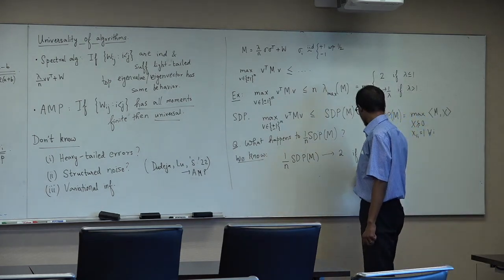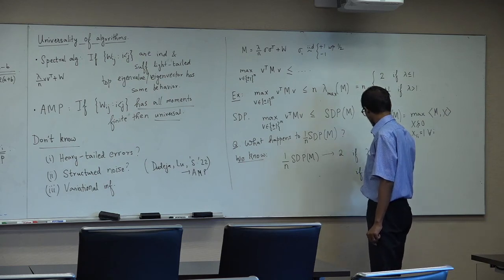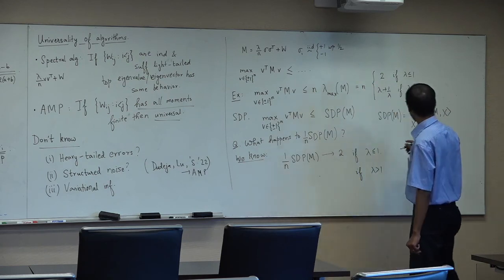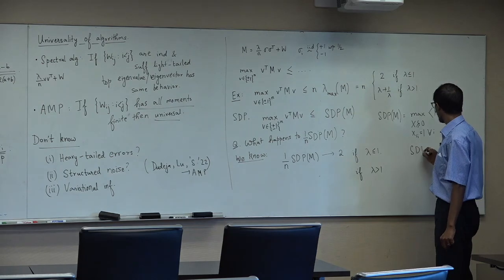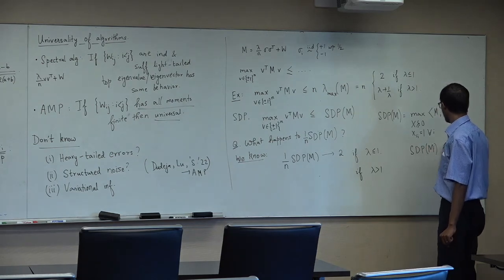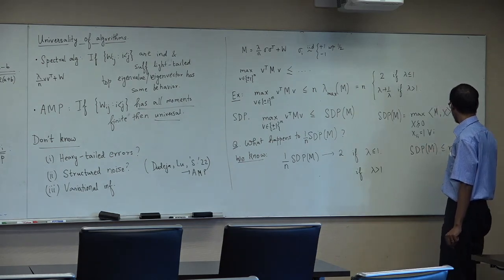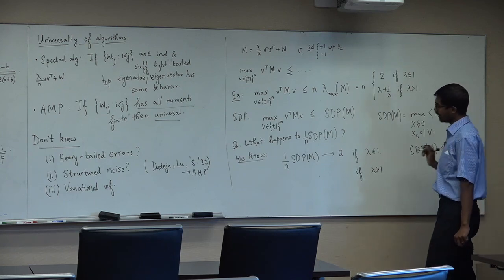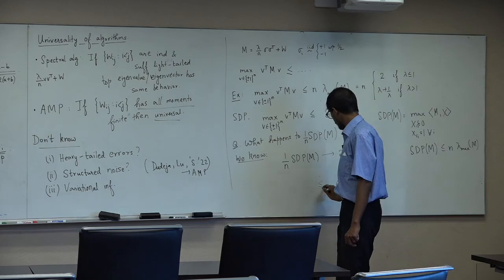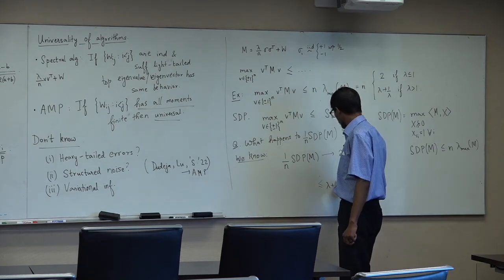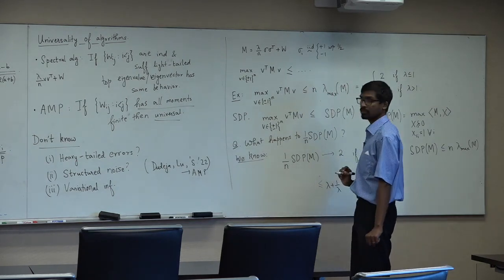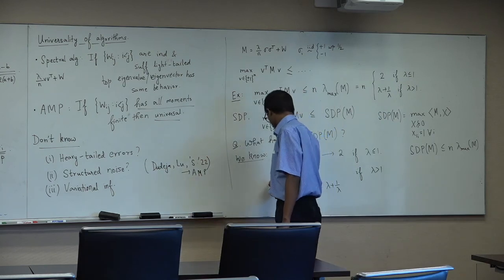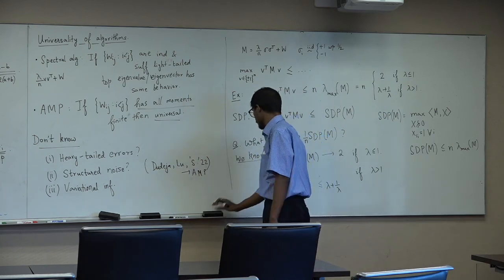If lambda is bigger than 1, you can always prove that SDP of M is less than n times lambda max. This is always true, again, deterministically. So this quantity is less than or equal to lambda plus 1 over lambda. And we know, actually this requires a proof, that this is strictly bigger than 2.